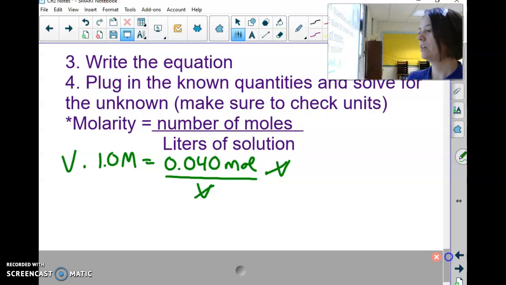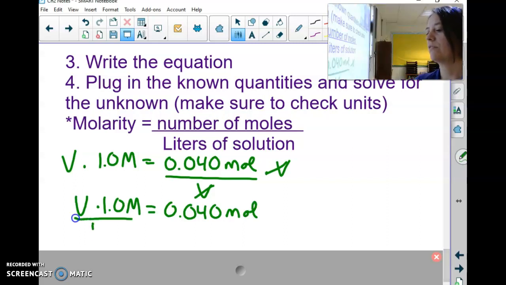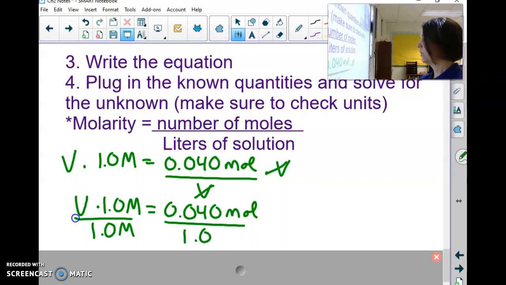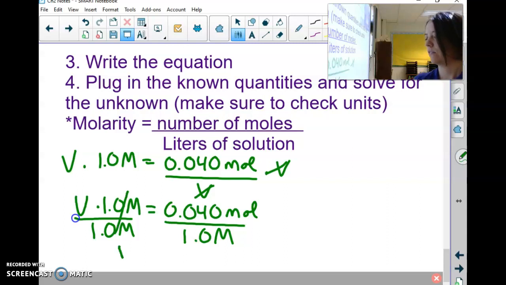That cancels our V, and then we get V times 1.0 molar is equal to 0.040 moles. Our next step is to get V by itself by dividing each side by 1.0 molar. And these cancel and we get V equals, and I would like you to get out your calculator, or if you can do it in your head, great.